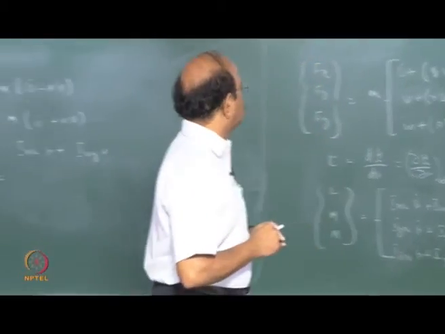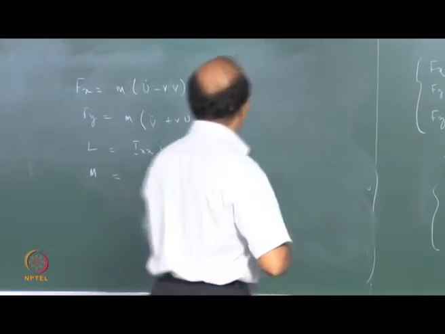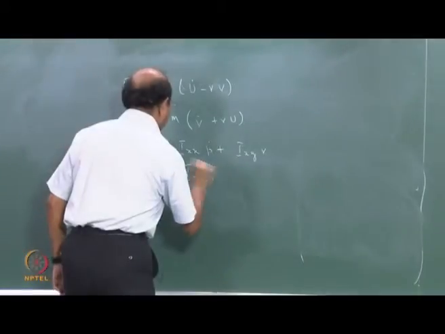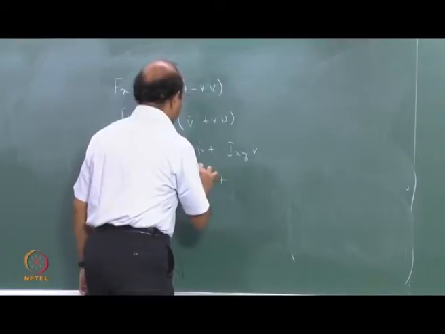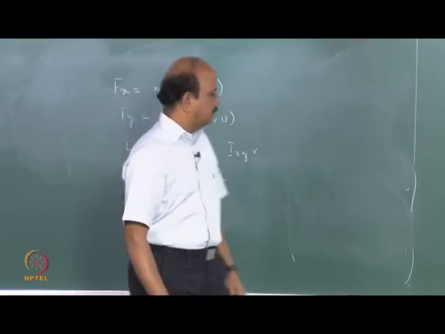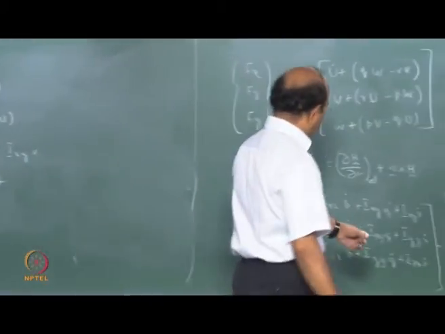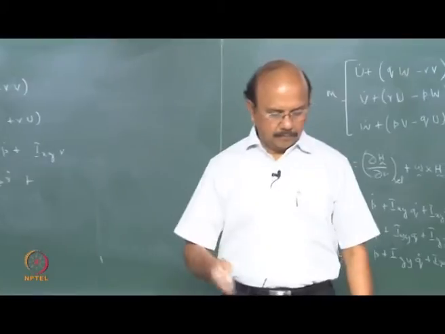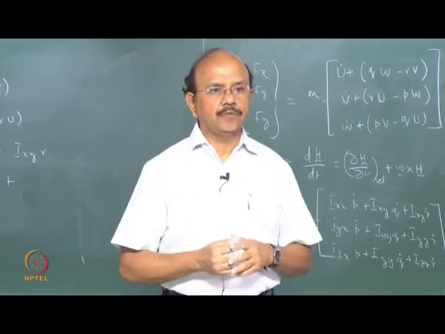So you can write down for M, R dot again, plus the last term. The other terms, because of symmetry, go off, plus Izx into P.